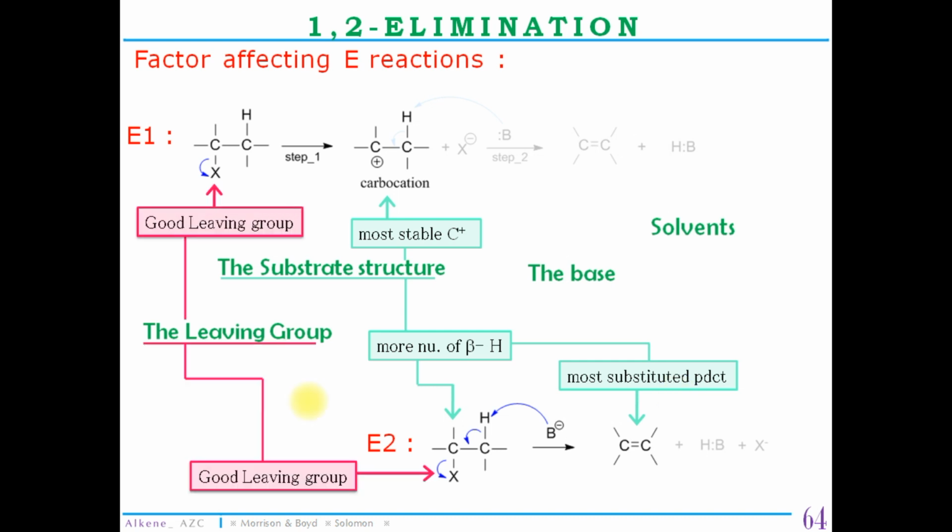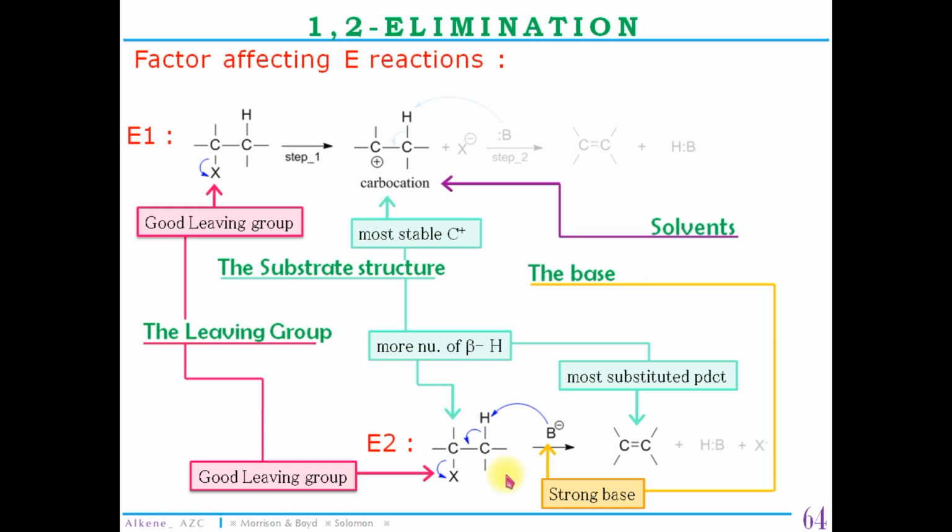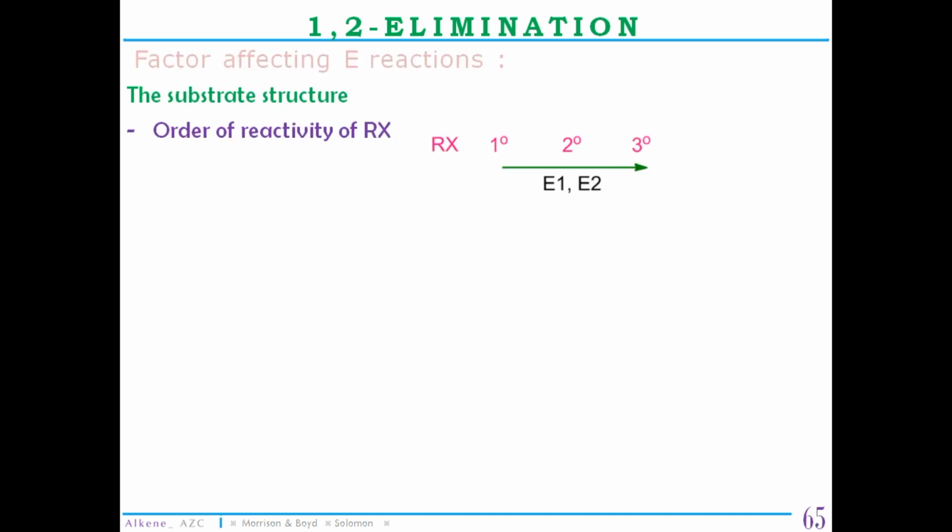A good leaving group favors both mechanisms. Base: a strong base prefers the E2 mechanism. Solvents: a polar solvent stabilizes the carbocation in the E1 mechanism.